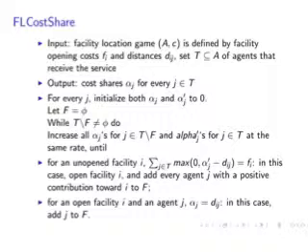To illustrate this algorithm, consider the facility location game in example 15.2, that is in figure 15.1. Call it FL cost share. In this example, at time 2, facility 2 goes tight as each of B and C makes 1 unit of contribution toward this facility.